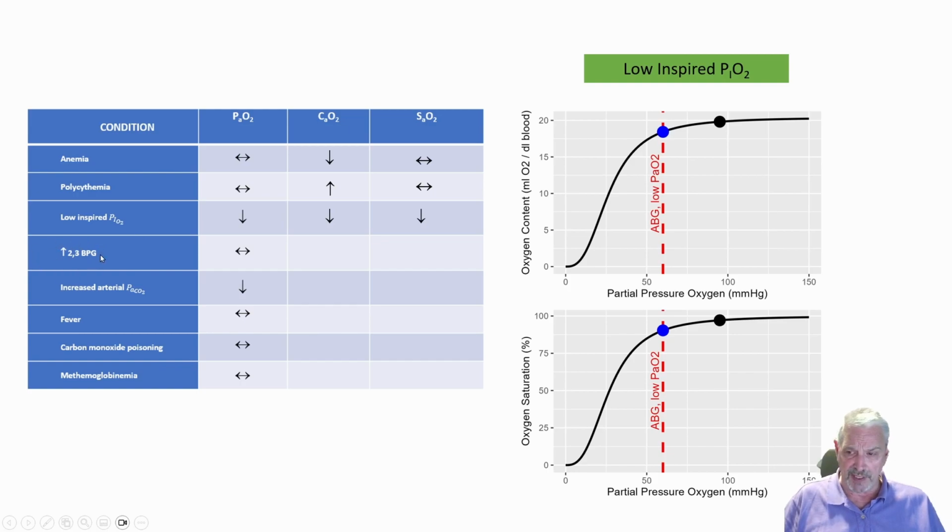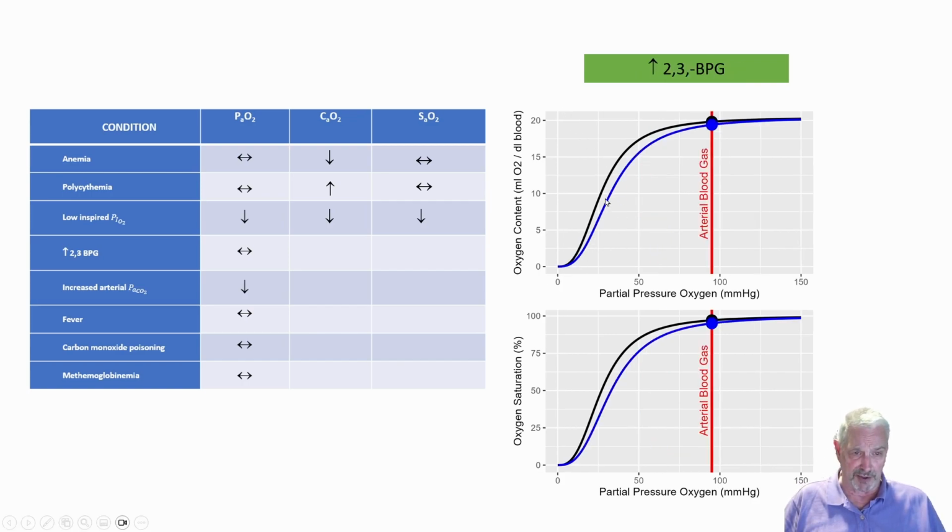Next we have 2,3-BPG, and again we remember that principally what that does is shift the curve to the right, and so we need to draw a right-shifted oxygen dissociation curve, which we do in blue here. And when we look at our arterial value, what we see is that the blue dot and the black dot are practically on top of each other because we're on the plateau of the dissociation curve, whether we're plotting saturation or content.